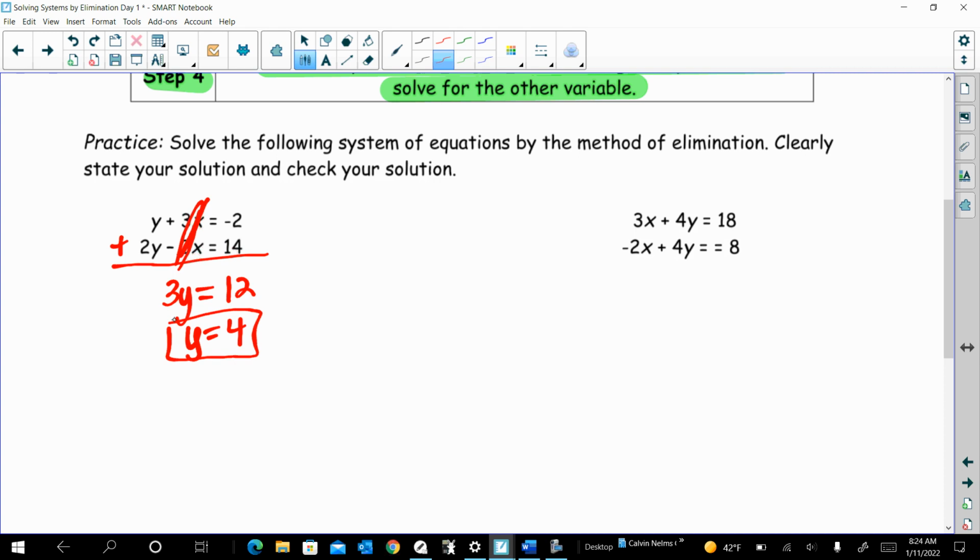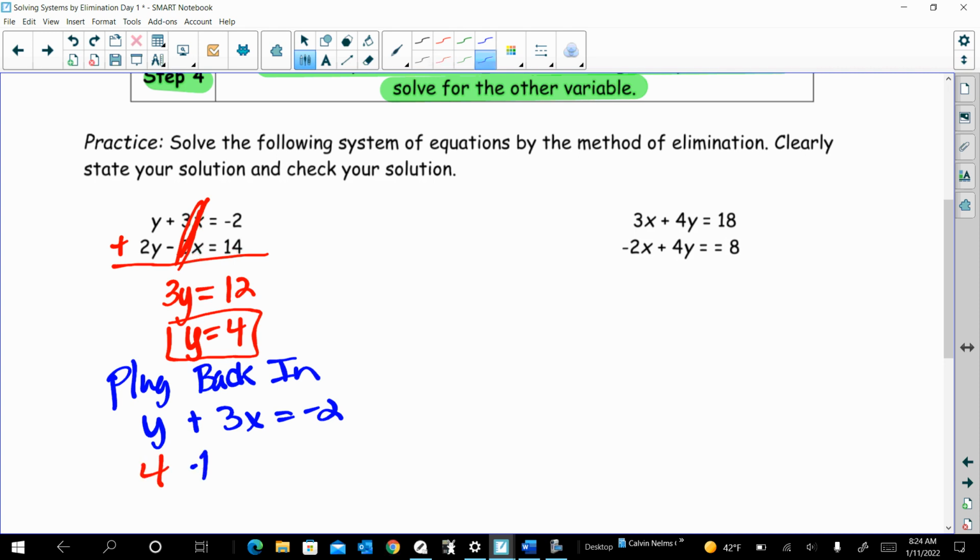Then once you're done, you need to plug it back in. Which equation do you want to plug it back into? All right, we're going to plug back into y plus 3x equals negative 2. We're going to substitute the y with 4. And then now we have 4 plus 3x equals negative 2.